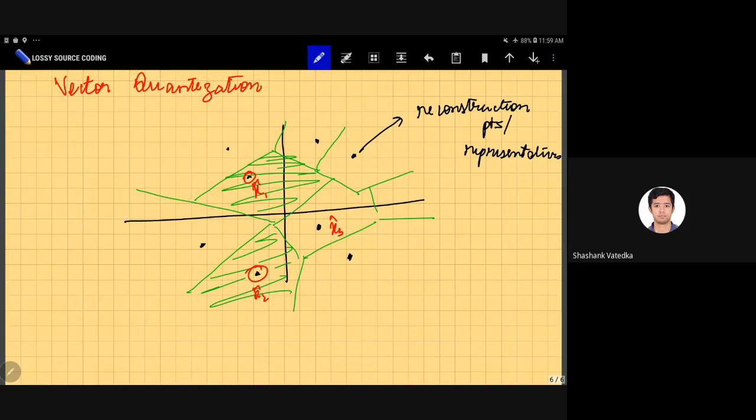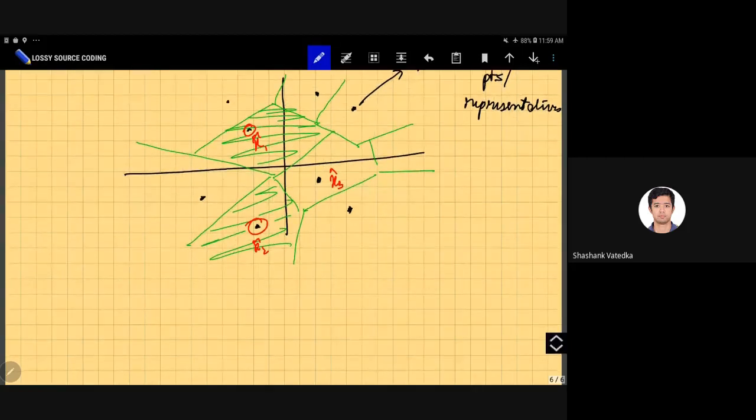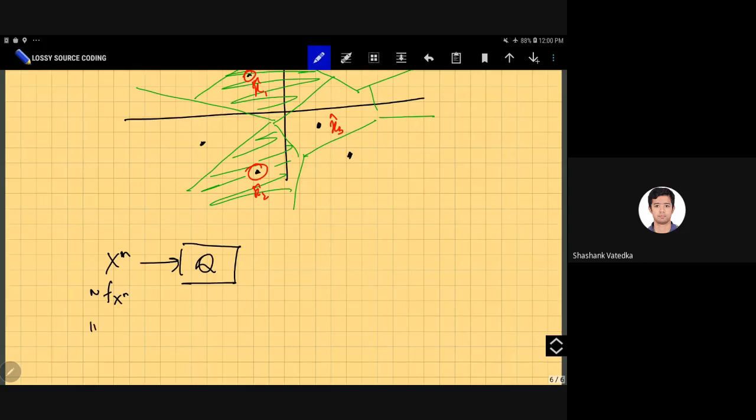Now, more generally speaking, we have X^n. So X^n comes from some joint distribution f of X^n, typically IID f of x.